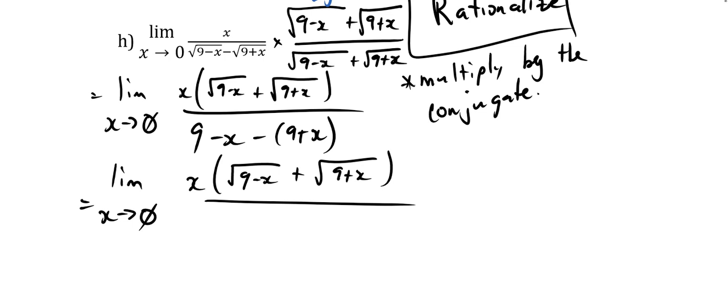So 9 minus x minus 9 plus x is 9 minus 9, which is gone, and negative x minus x, which is negative 2x. We got it.